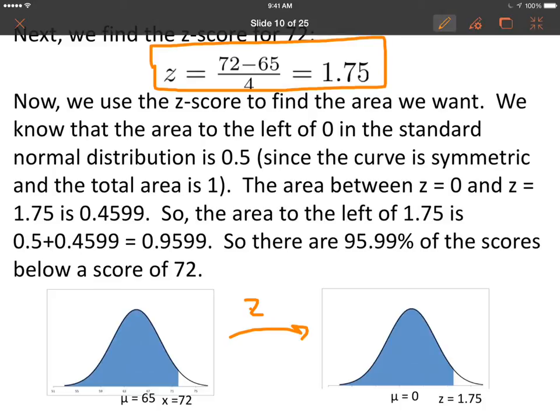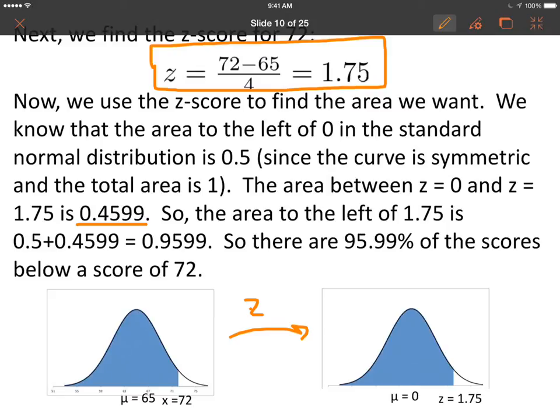Okay, so again, you're going to look for 1.7 down the first column and 0.05 across the top and find where they meet. And you should find that they meet at 0.4599. I apologize.